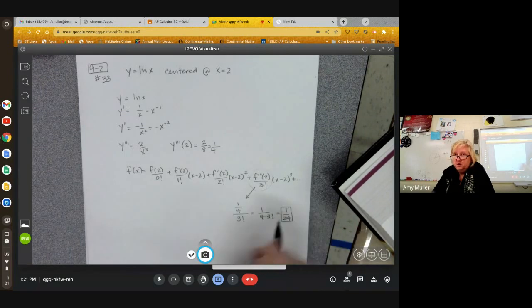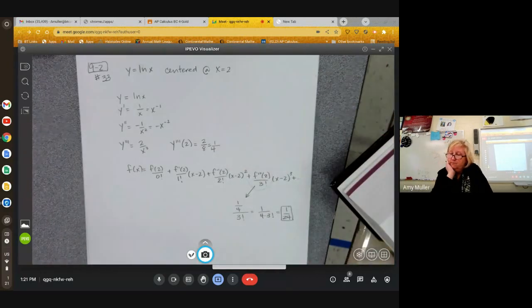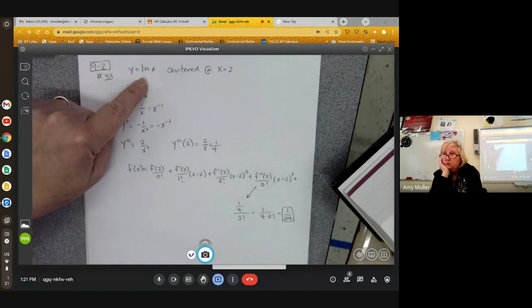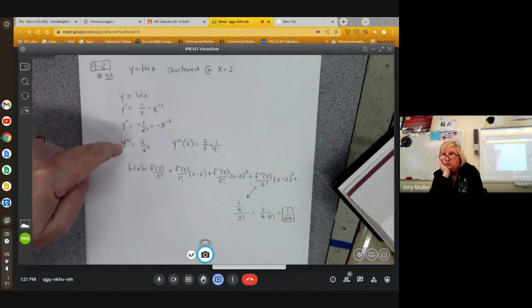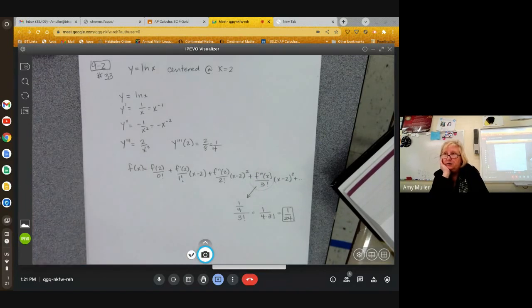So that's what they want you to do. So yeah, sometimes there are ones you don't know. So you have to generate whatever derivative you need in order to calculate the coefficient they want. Or follow the patterns.